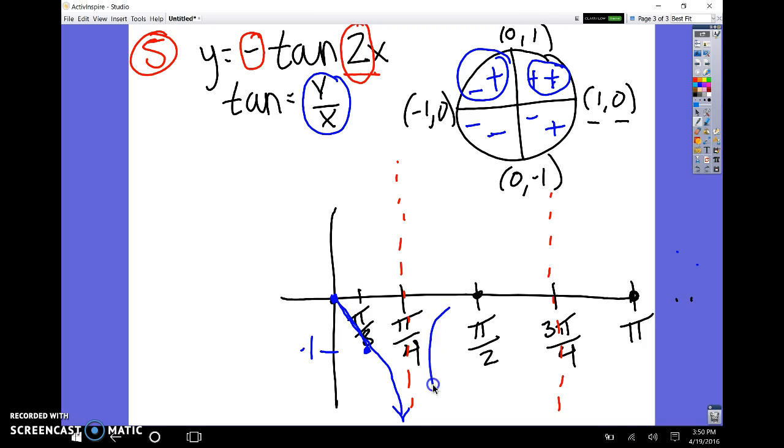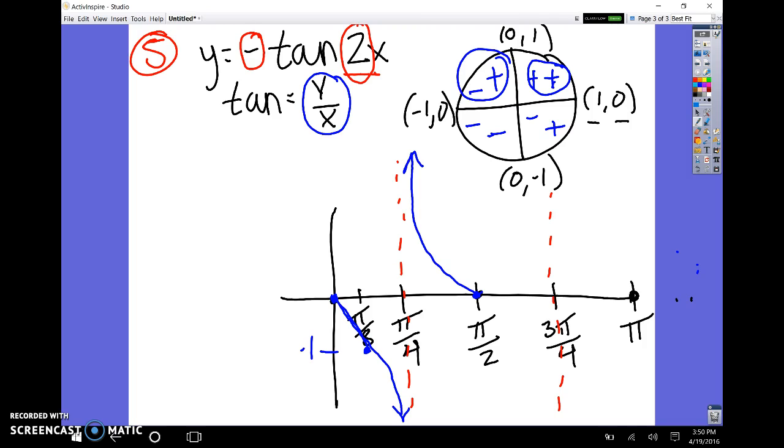Which again tells me my graph should be down here, but what's the problem? Well, the problem is that we had a transformation that caused it to flip and go to the other side. So we need to make our graph somewhere up here. We know it's going to be on the positive half of the graph. We also know that we have a 0 at this point. We also know that we should approach our asymptote at all costs. So our graph is going to look like this. It's positive, it's approaching the asymptote, and it goes to that point that we already established.